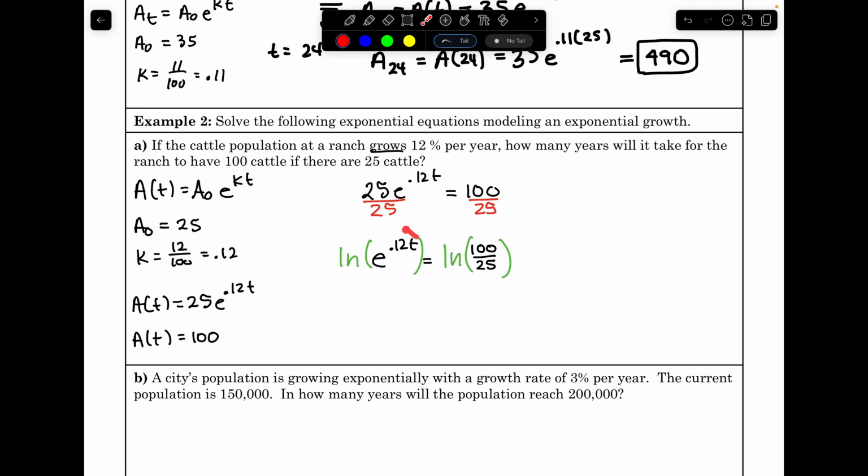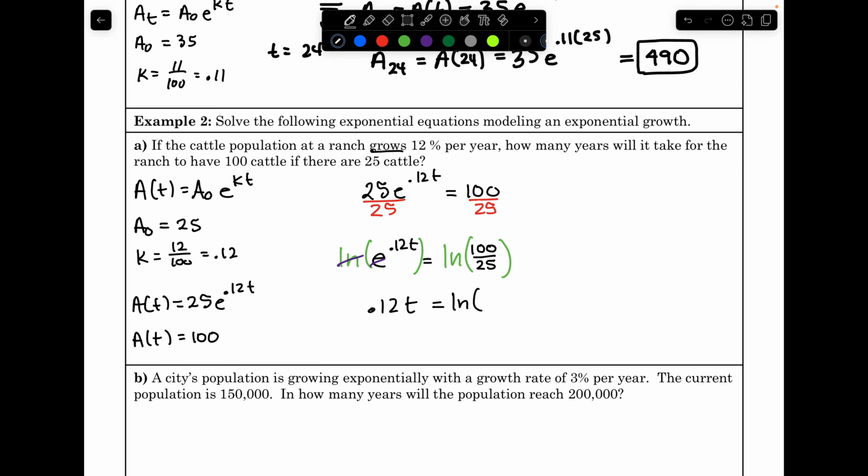This will move this over here to the front by the power property of logs. And since this equals 1, 0.12t times 1 is simply 0.12t. In very layman's terms, you could think about this as the e just eliminating itself and the exponent becoming the only thing left there.